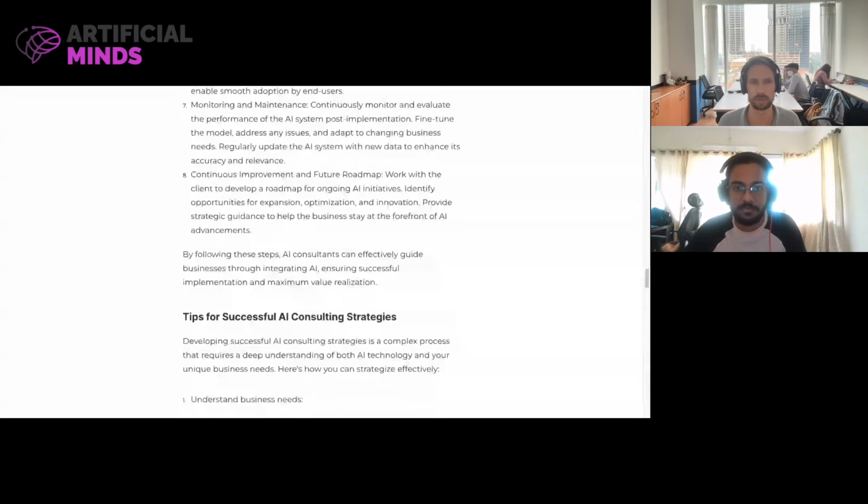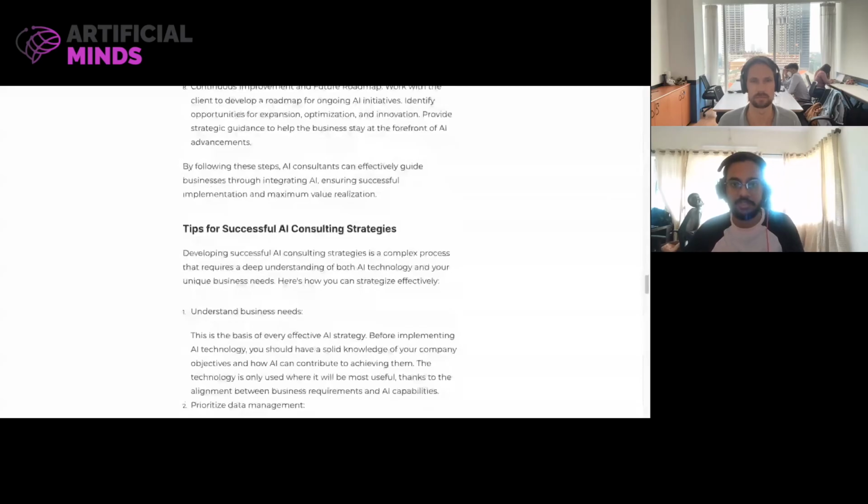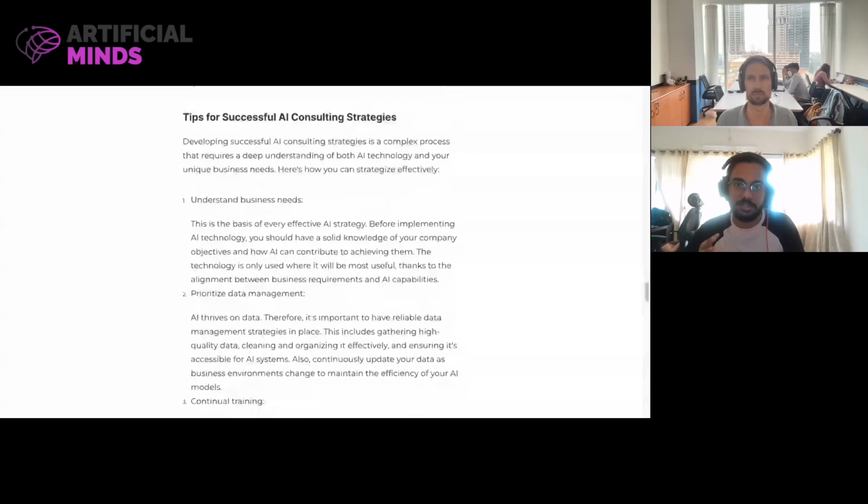And do you have some tips for successful AI consulting strategies? Well, the first tip is to understand the business needs, because generally people think that AI can be integrated somewhere where it won't actually be needed.